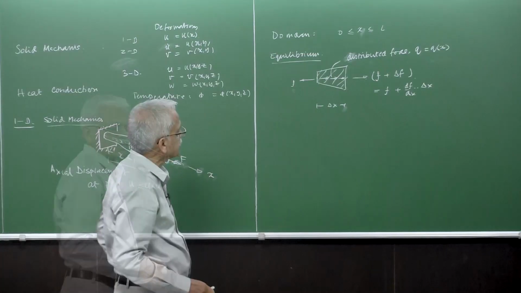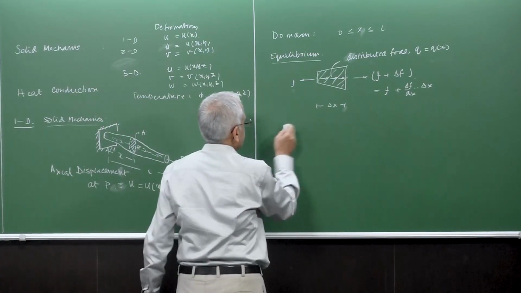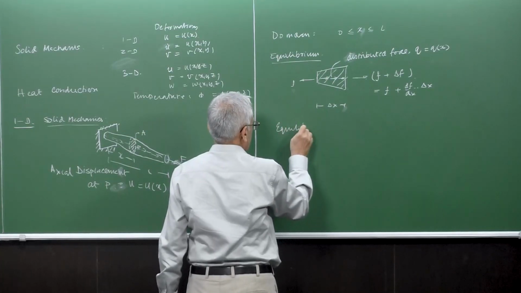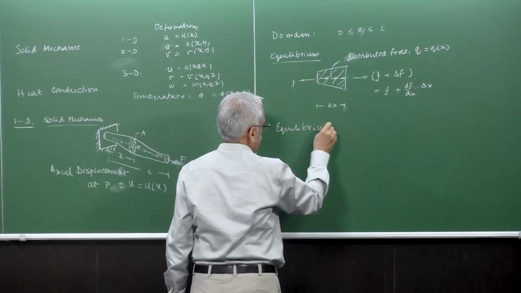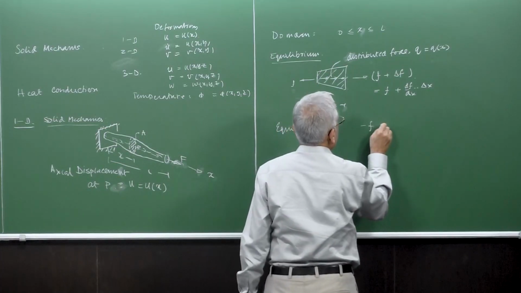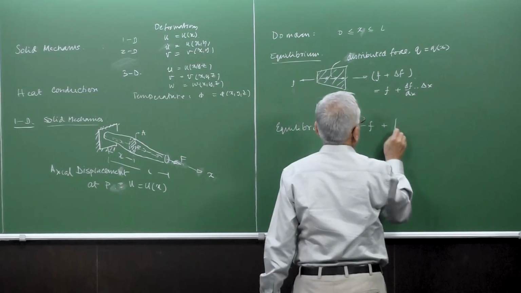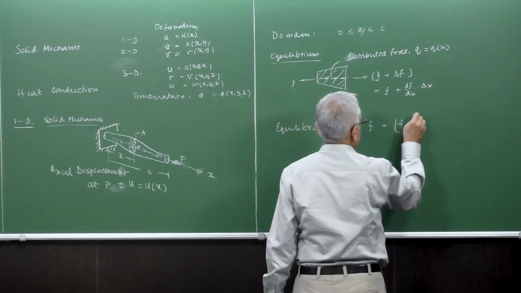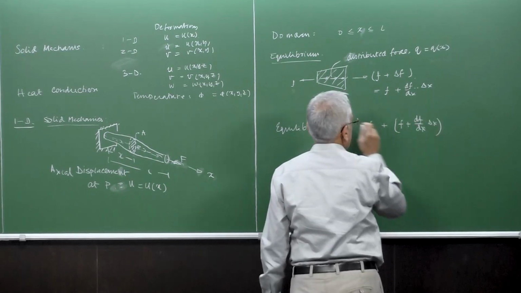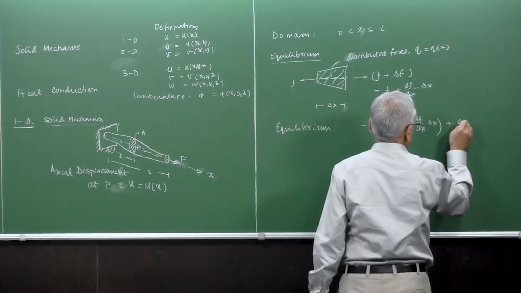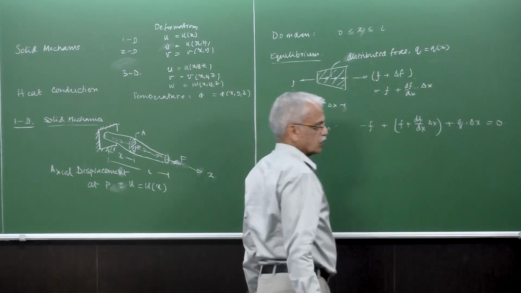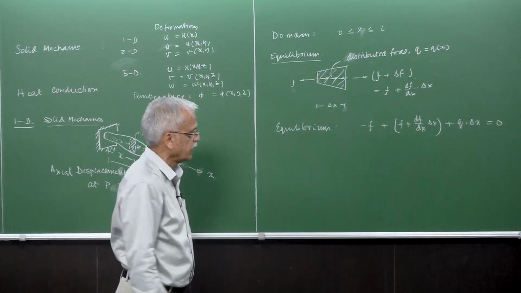Writing the equilibrium: minus F, plus F plus dF by dx into delta x, plus Q multiplied by delta x, equals 0.